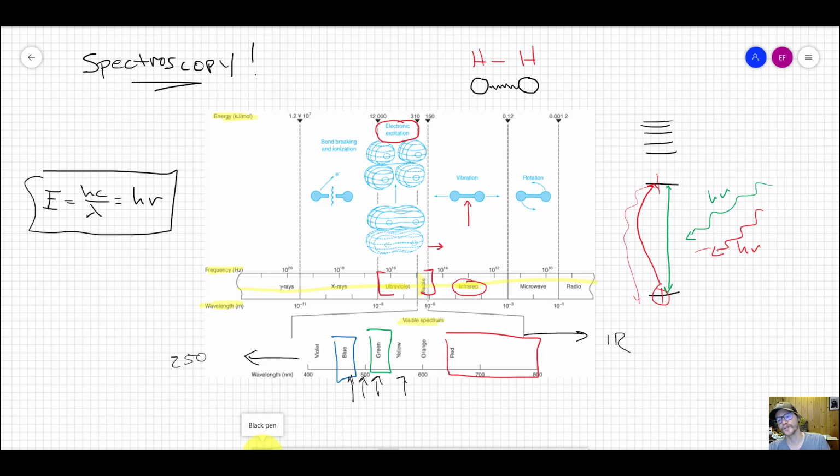And that spring, if you remember from physics, you learned Hooke's law, that spring is oscillating at a particular frequency, whatever its harmonic frequency is.